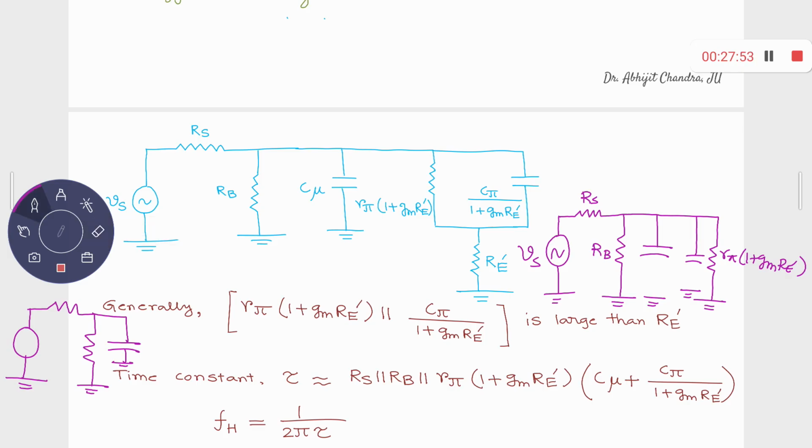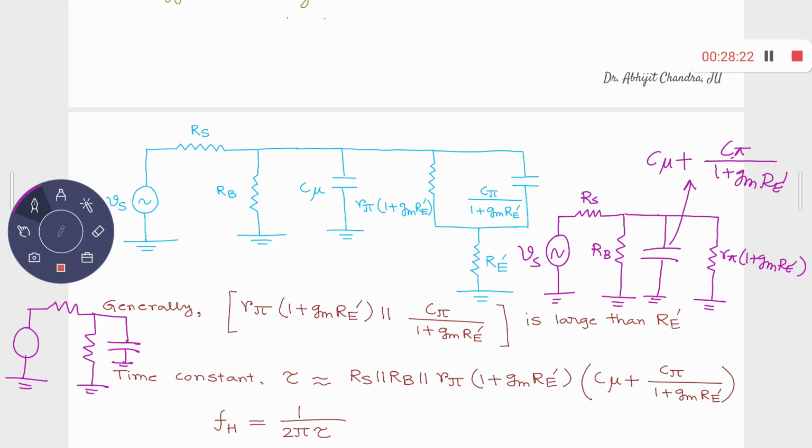So what I can do? Okay, let me simplify like this. You have only one capacitor whose value is given by C mu plus C pi by 1 plus GM RE prime, right?